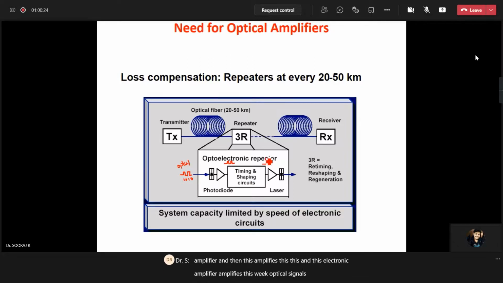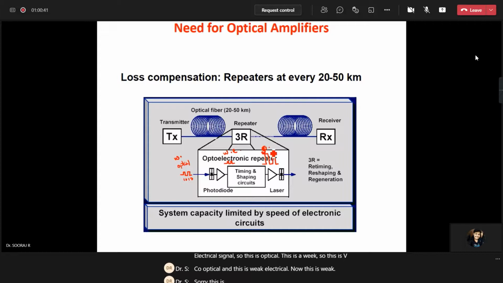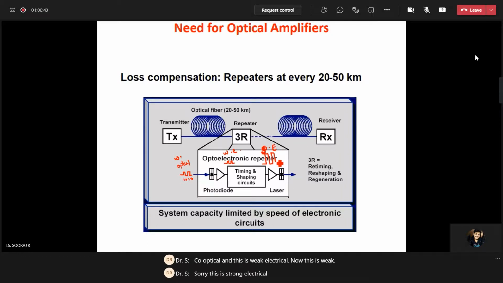So now I am going to get a strong electrical signal. This is weak optical, and this is weak electrical. Now this is strong electrical, because I have amplified it using an amplifier.